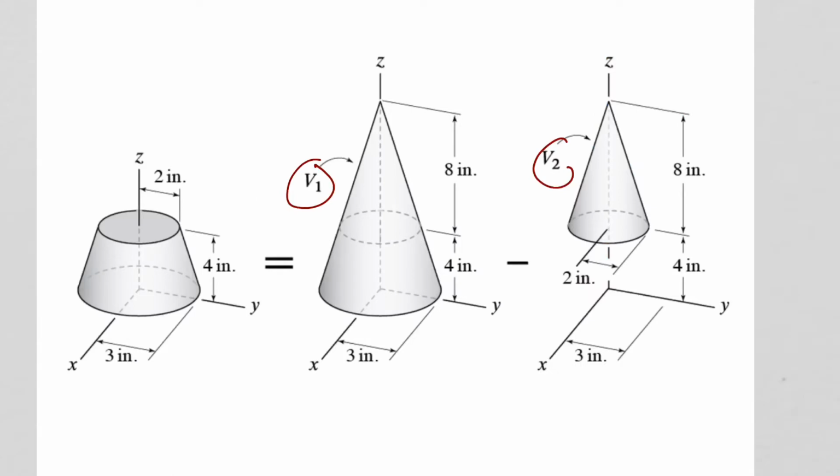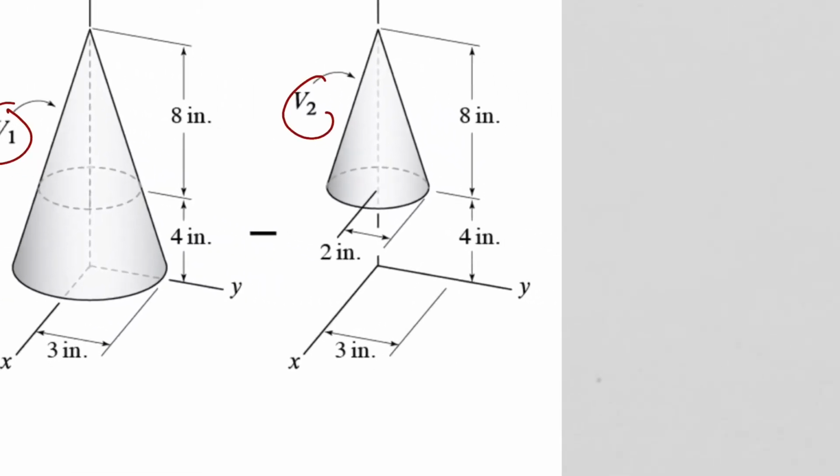Let's go back here. How do we find this height? It's shown in here, but how do we come up with that? We can do that by similar triangles. Let me show you that real quickly.